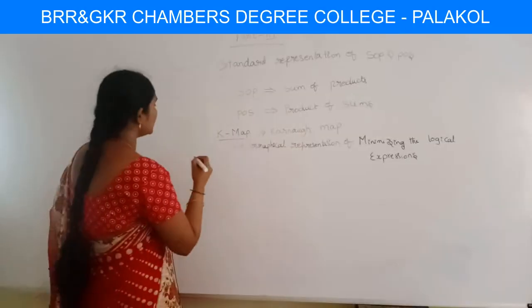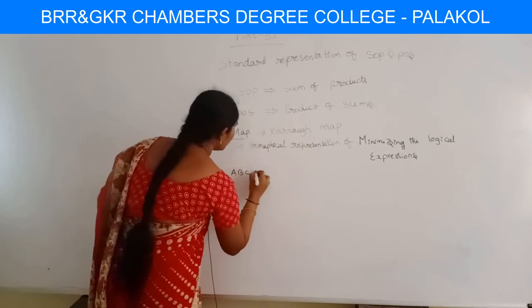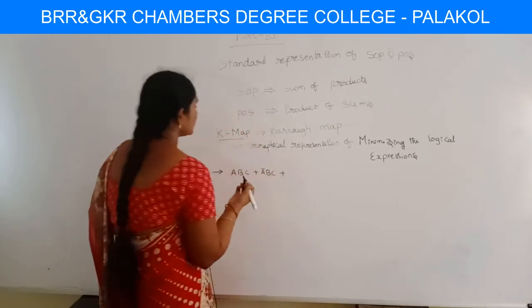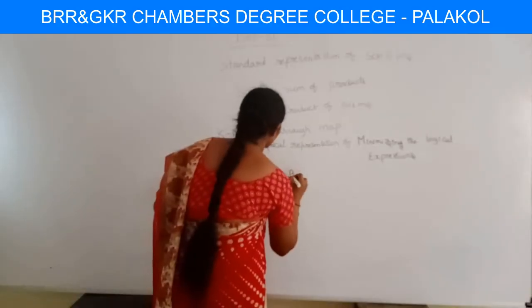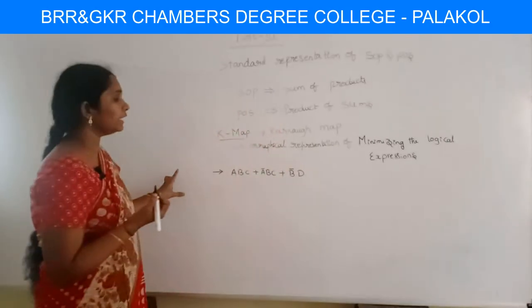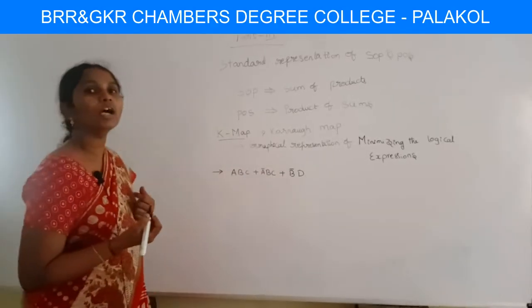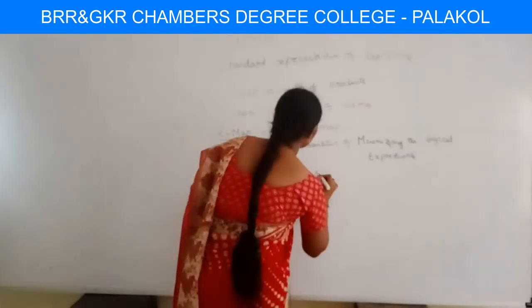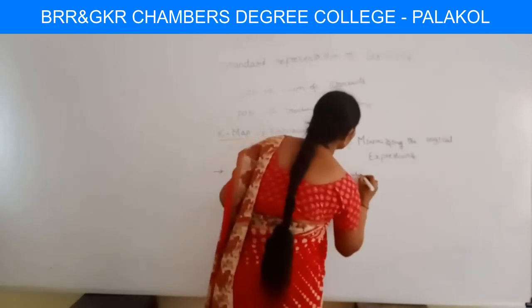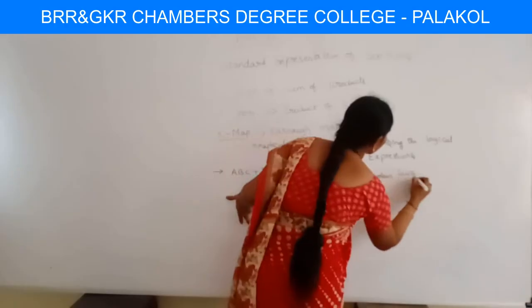So for example, I consider one equation: ABC plus A bar BC plus B bar D. The question is given like this: simplify using the Boolean laws.